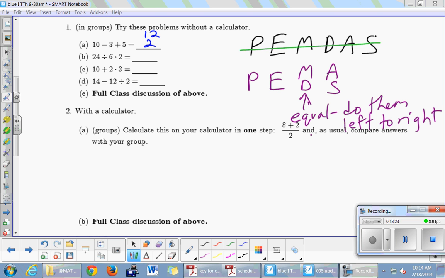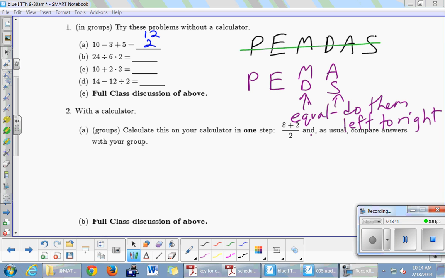Whichever one comes first, just like you read it, you do it first. So it's just like reading the English alphabet. And the same thing for A and S. Addition and subtraction are equal. Do them left to right.